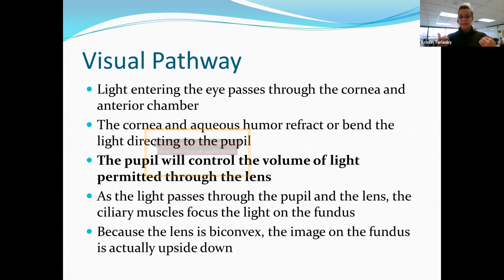As it passes through that pupil and the lens, those ciliary muscles are going to focus the light on the back of the eye. That's called the fundus. We're not too worried about that term right now. And because that lens is biconvex, the image on the fundus is actually upside down.